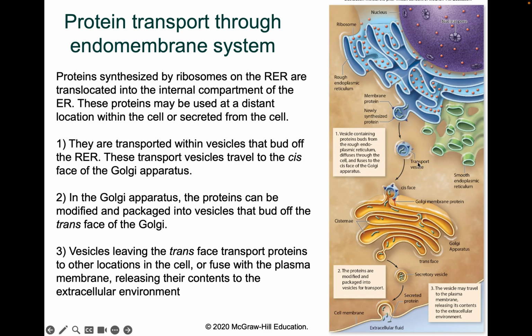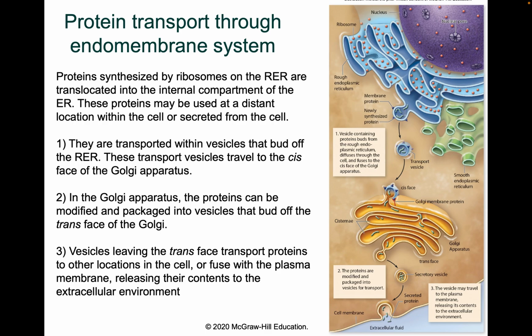The taxi then transports them, and they fuse with the Golgi membrane, because the membranes of the Golgi and the endoplasmic reticulum are both phospholipids and quite similar. Once they fuse, they release the cargo inside. Now the protein is in the Golgi.